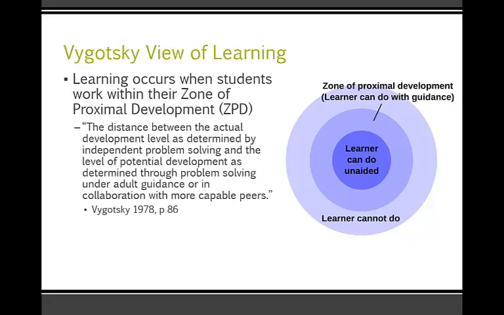These two ideas aren't in conflict with each other, though, because if I'm not in disequilibrium, it's kind of like being able to do it unaided. Having to do something with guidance is a little bit uncomfortable, so it's a different definition of that discomfort. But with both of these, what we're really saying is that what I have within me, what I can do by myself, isn't enough, and I need help. Now I learn when I reach that point.